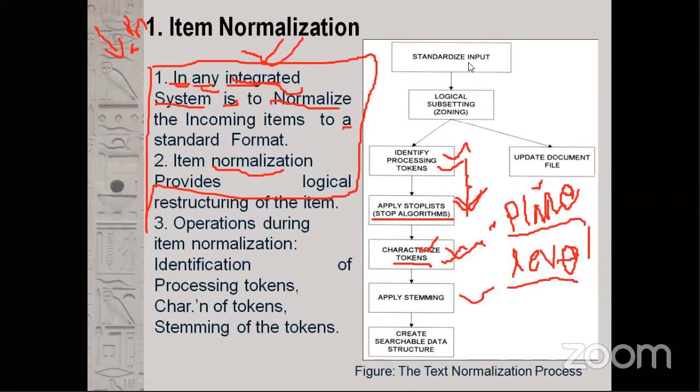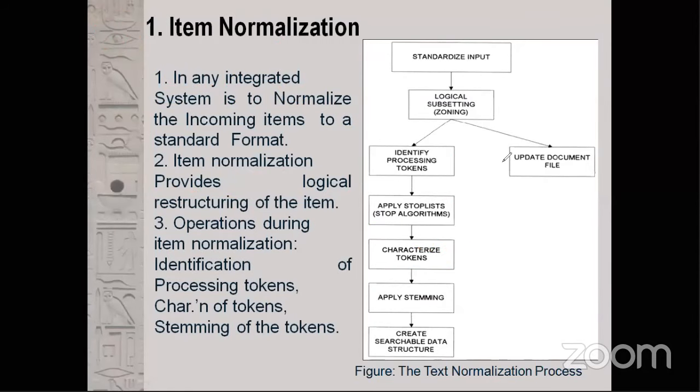I think all of you are clear about this item normalization. In item normalization, whatever input comes to your end, I need to standardize it, that is, convert it into a unique format.